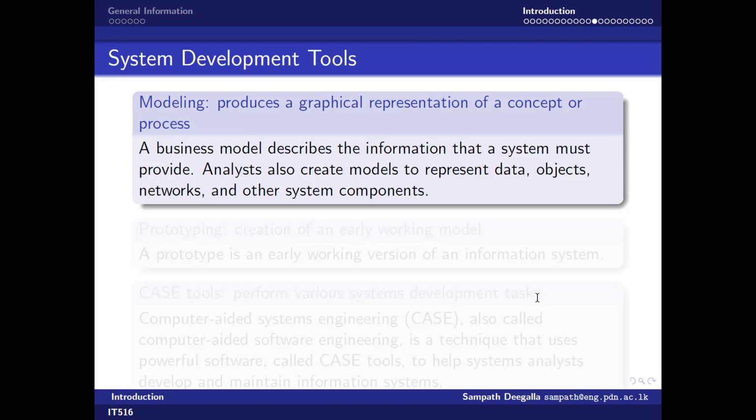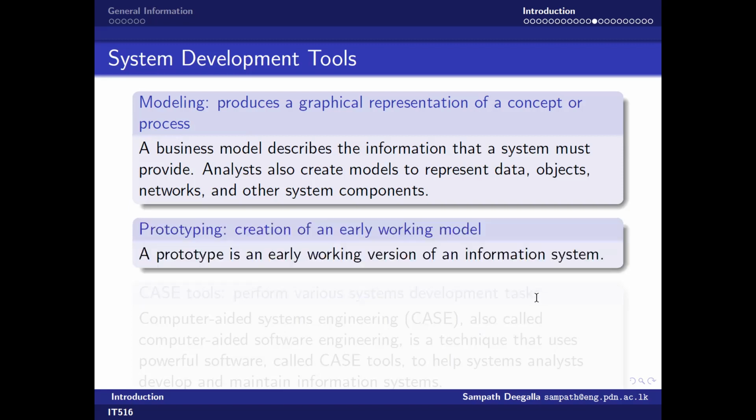Then sometimes we will also use prototypes, right? We call it creating an early working model. So when it comes to information systems, we will create an early working version of the information system. I think that is what we used to do in newer systems.